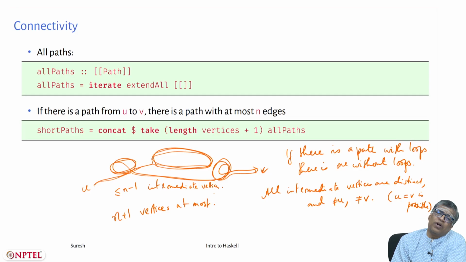If there are n plus 1 vertices, there will be n edges. So this is the point: if there is a path from U to V, there is a path with at most n edges, or in other words, n plus 1 vertices.